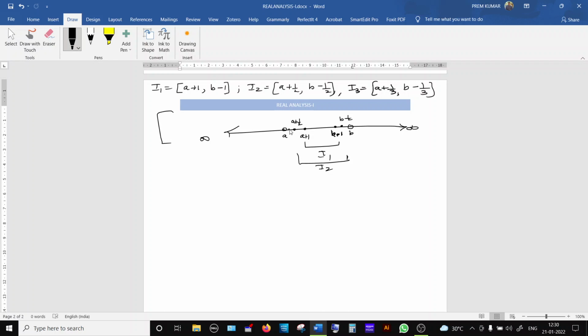Similarly, a plus 1 by 3 will be here, b minus 1 by 3 will be here. That interval we call I3. So now what happens, you see, I1 is a subset of I2, I2 is a subset of I3, you can visualize.